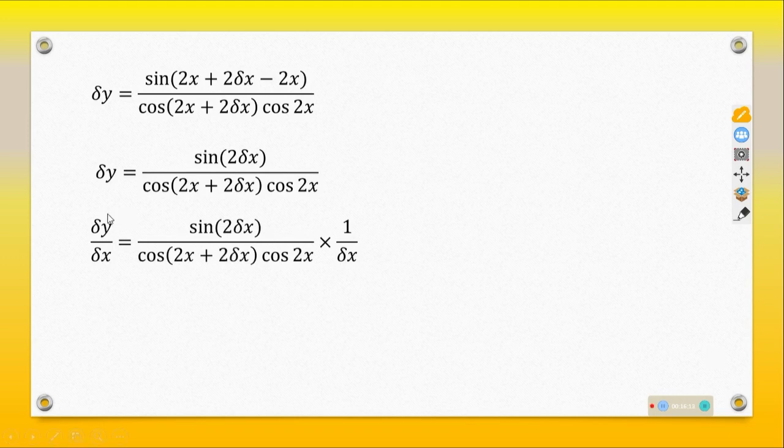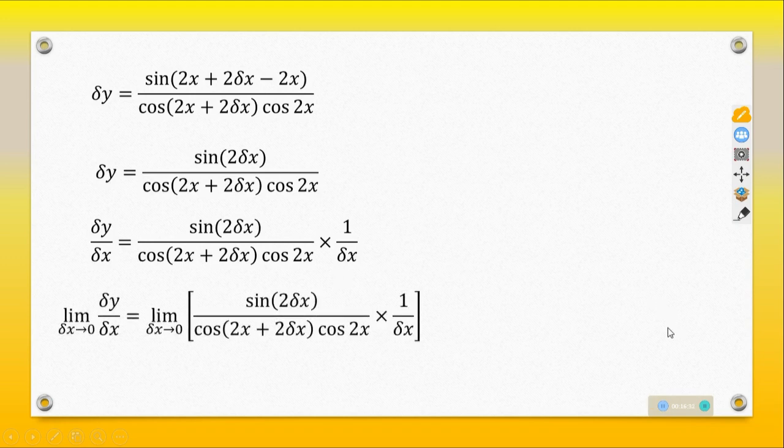From there, we shall divide both sides by delta x, so we have delta y divided by delta x equal to this expression. From there, we shall take the limit as delta x tends to 0 on both sides.